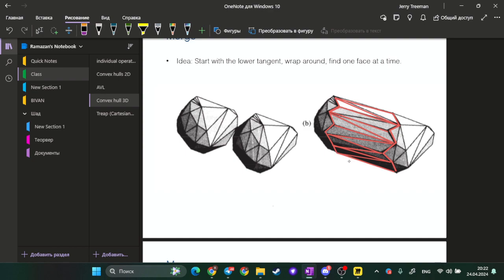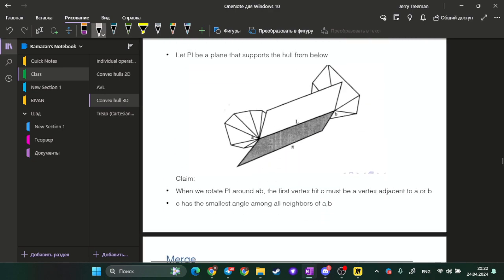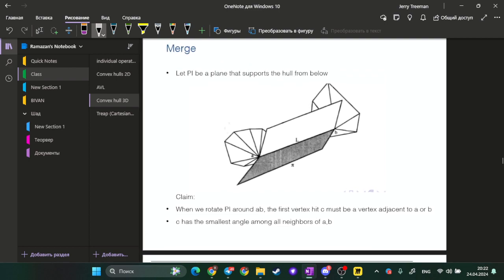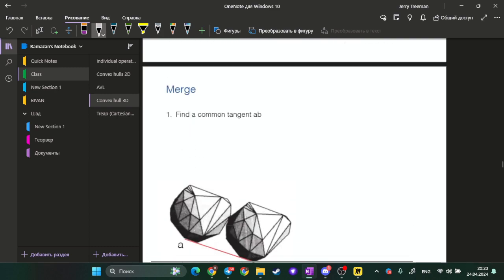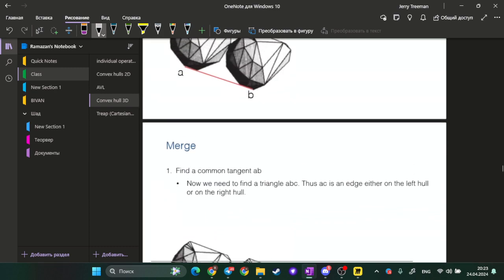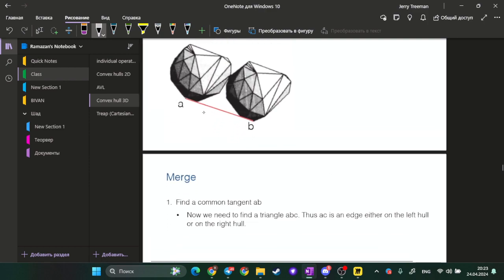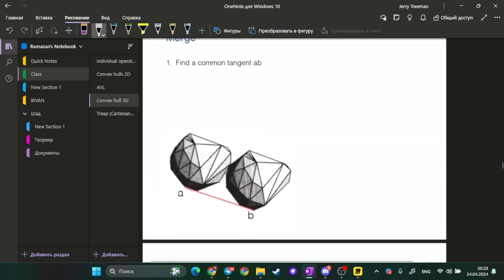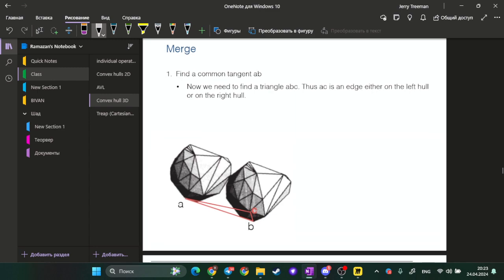Okay, next we do what? Next we need to use the Jarvis wrapping algorithm, as I remember correctly. We need to find some edge that has the smallest tangent, common tangent AB. Then we need to find a face.